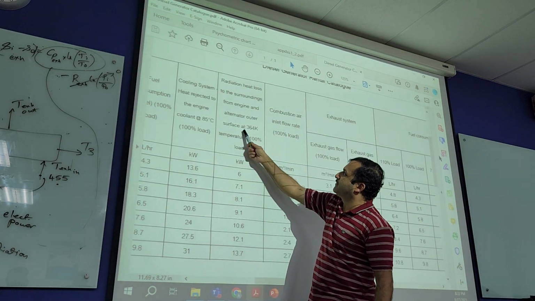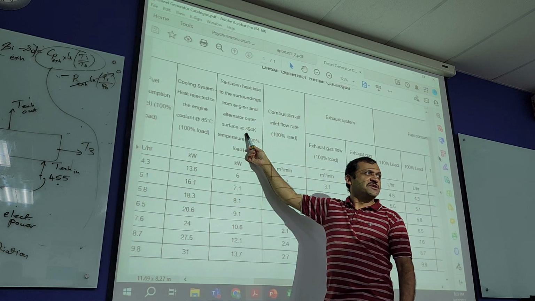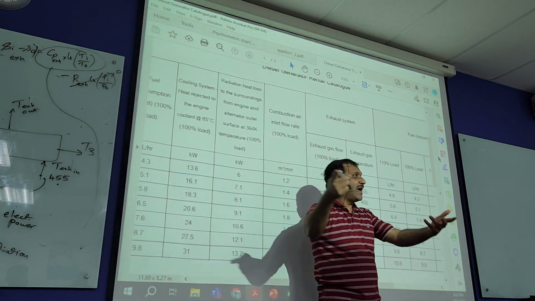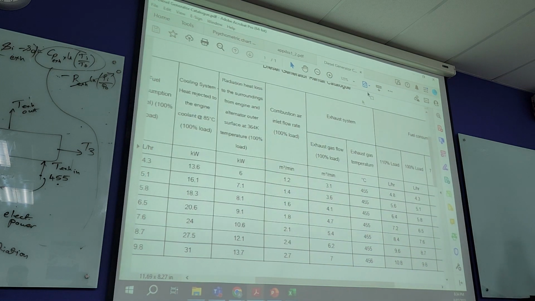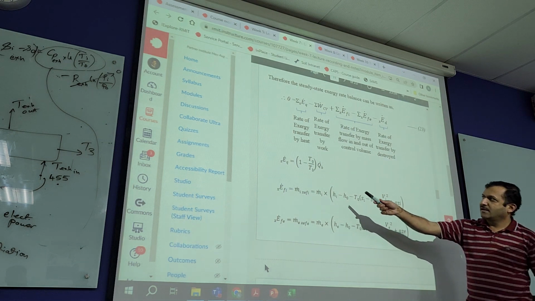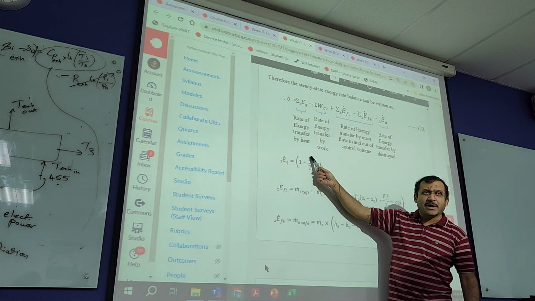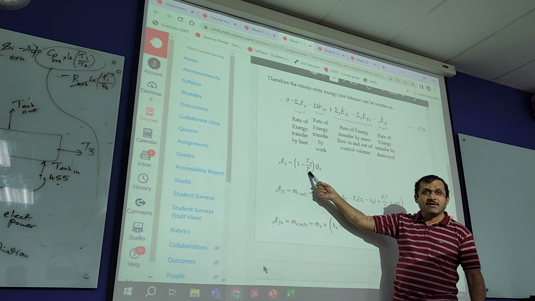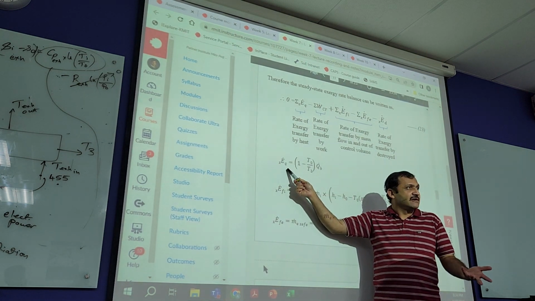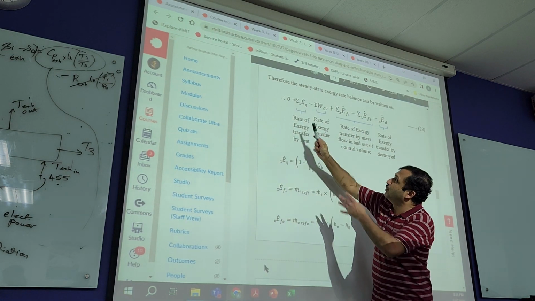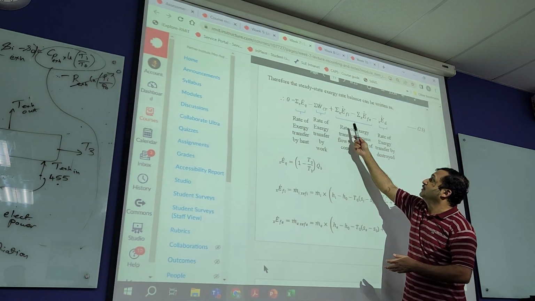Radiation heat loss, surface temperature, 364. So that 364 is your other temperature in that equation. So 20 plus 273 divided by 364. Can you find that then? Easy. Is that clear?